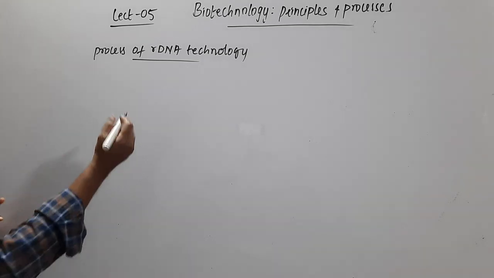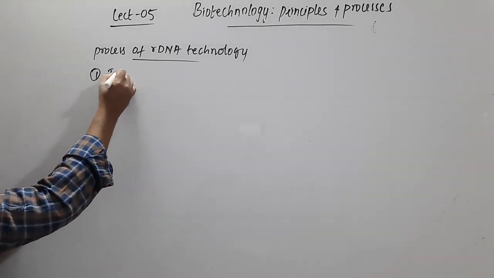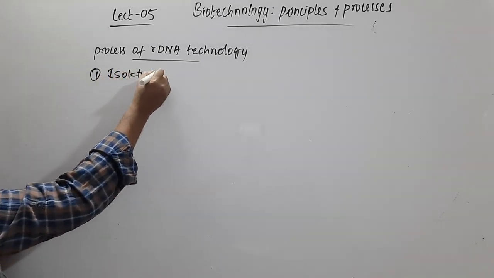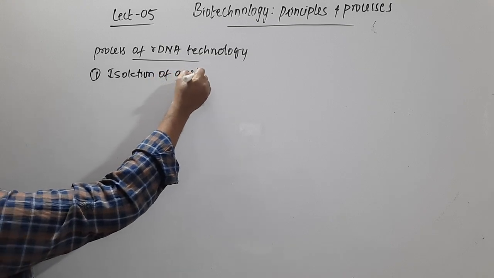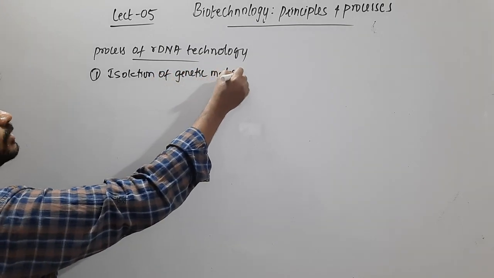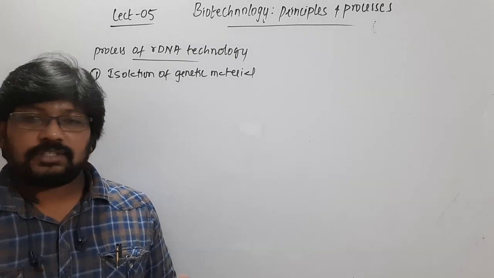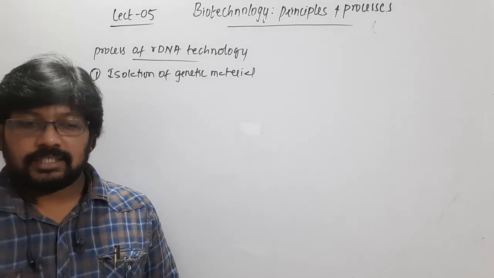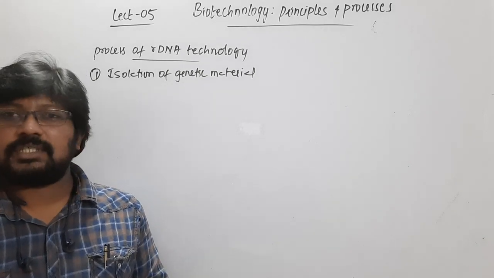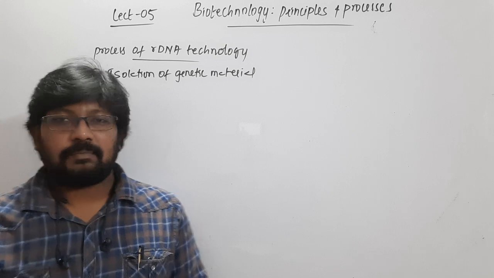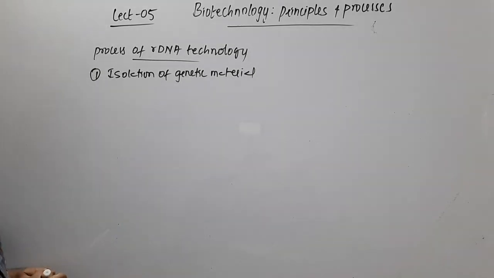The first one is isolation of genetic material. I told you in earlier sessions that to get the gene of interest, we first need to isolate the DNA from the target cell. So first, isolation of the genetic material.